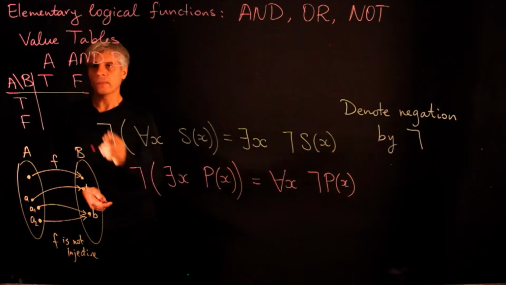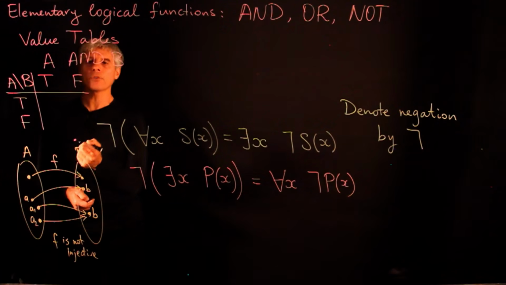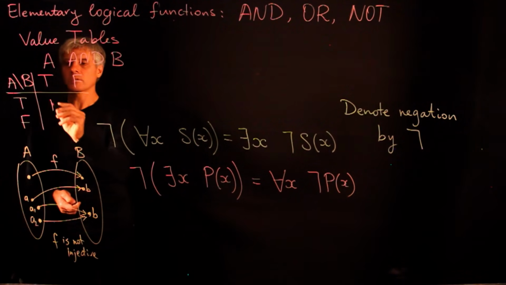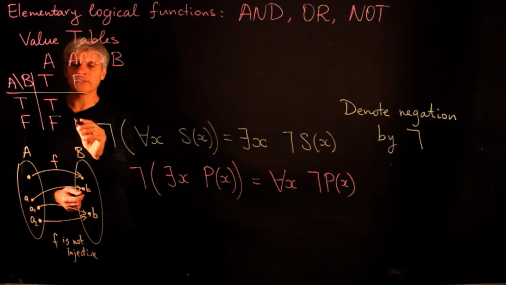And when we say A and B, this means that it's true only when both A and B are true. So here we have the true value, and in all other cases we have a false value.